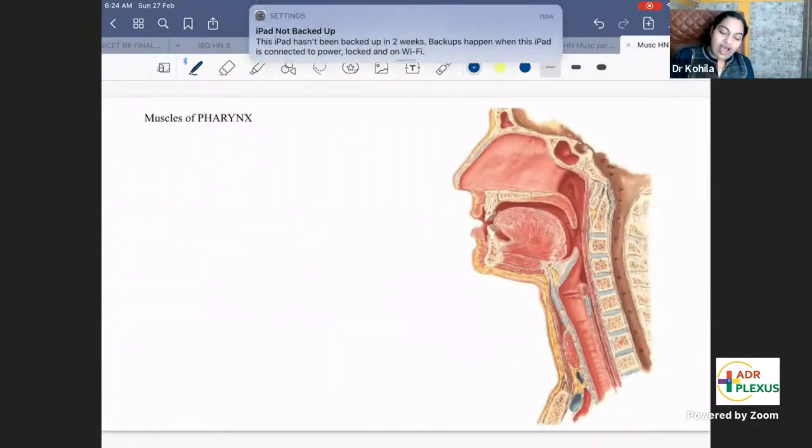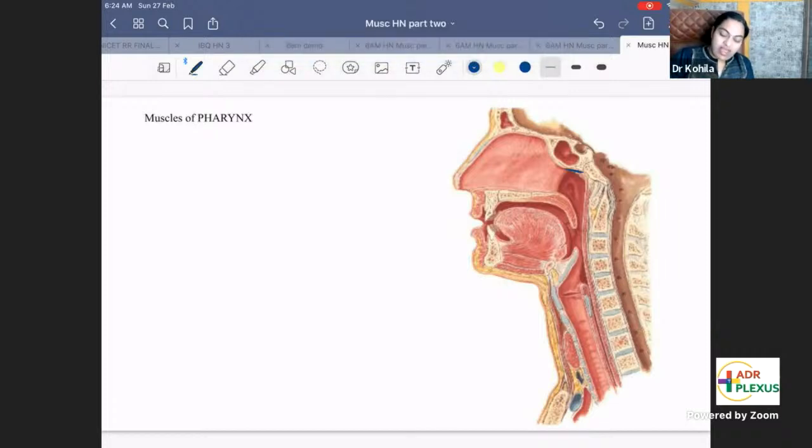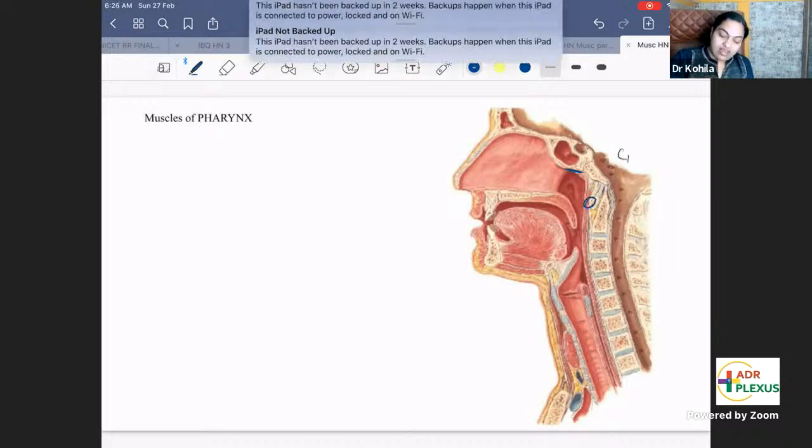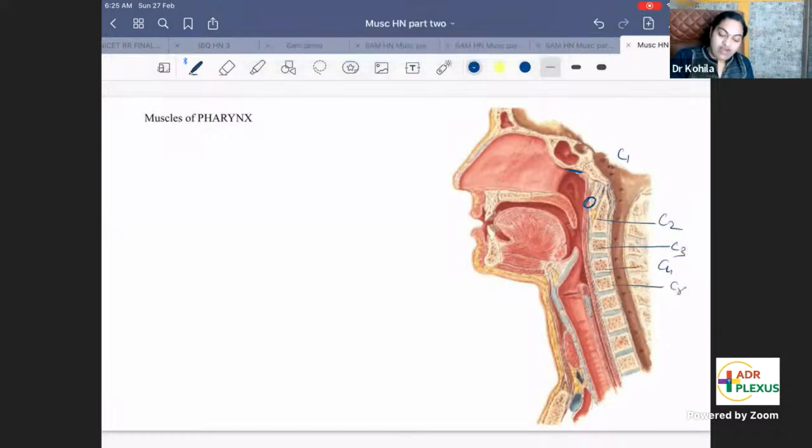So the pharynx, what is the extent of the pharynx? From the base of the skull up to C6 vertebra. So this is the anterior arch of atlas, this is the dens of C2, C3, C4, C5, and C6, the cricoid cartilage level.